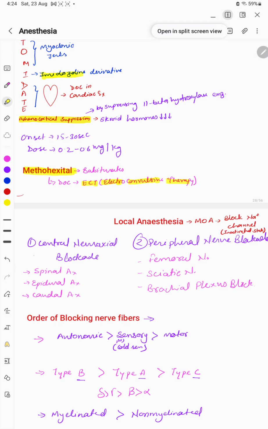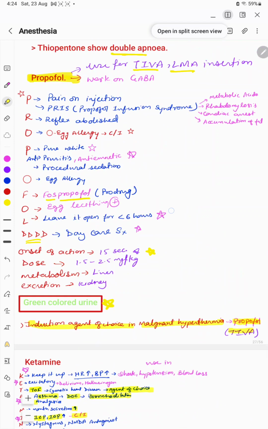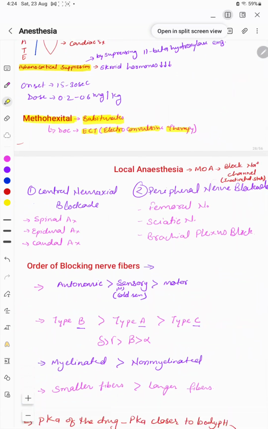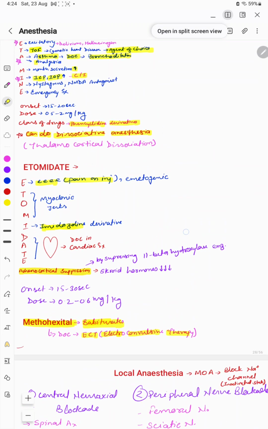One more barbiturate we studied first is thiopental. So they can ask which anesthetic agent is a barbiturate.